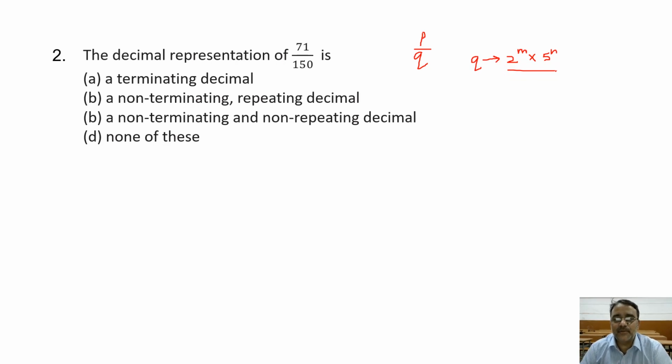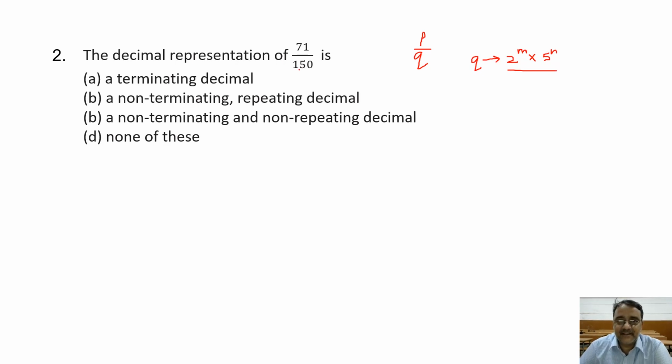If q is in the form of 2 to the power m into 5 to the power n, whether it has only 2, only 5, or both, then it is terminating decimal. If any third factor comes here, 3 or 7, right? Then this will become non-terminating repeating decimal.